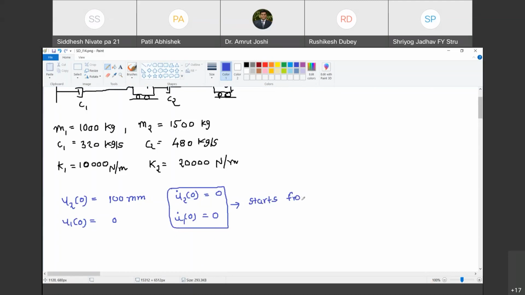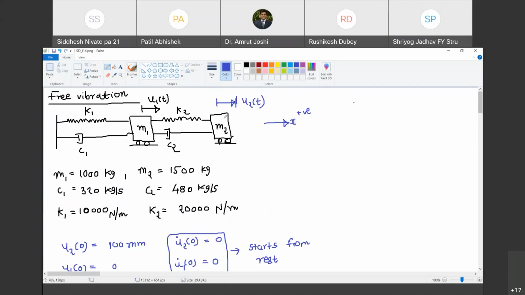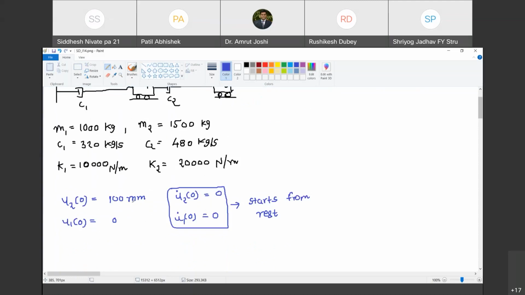However, the second mass has been stretched from its mean position towards right by 100 mm. The first mass, however, remains at its mean position. Are you with me?